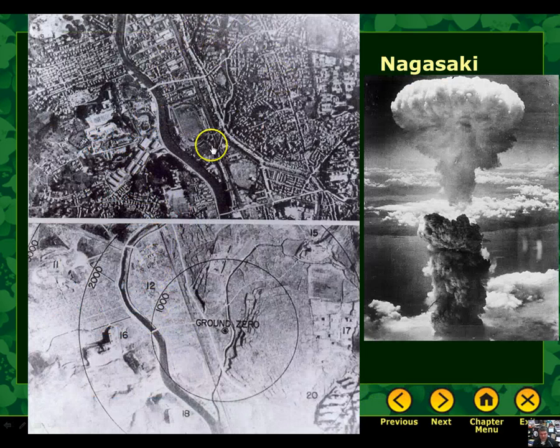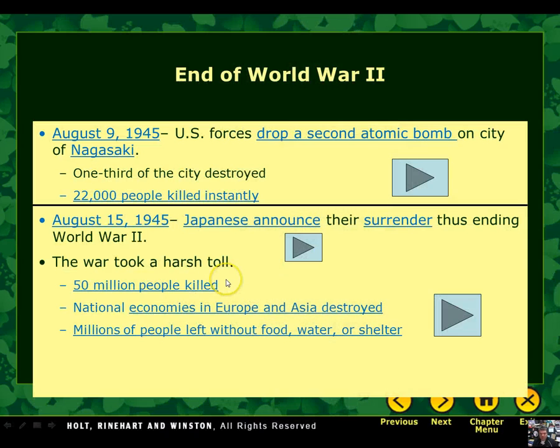Again, this is the city of Nagasaki. This is what it looked like afterwards from the air. You can see everything gone. You can even see the hills that you can't really see here because of the buildings in the way. You can see where those hills and ridges are after the bomb because there's nothing left. And then you can see the cloud left from the bomb.